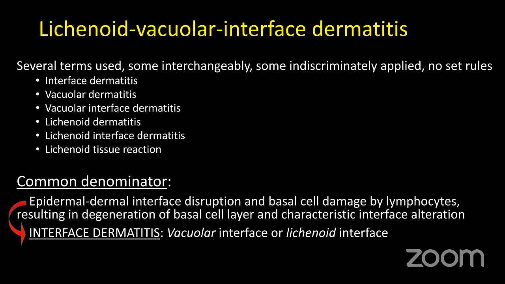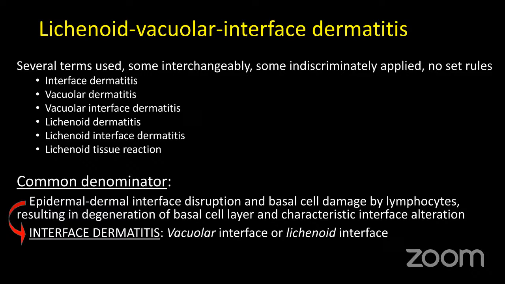In general, there are a lot of terms used interchangeably and a little bit indiscriminately to refer to this concept of lichenoid or vacuolar interface dermatitis. People refer to it as interface dermatitis, vacuolar interface, lichenoid interface, lichenoid tissue reaction.